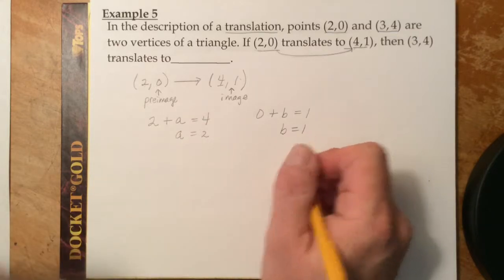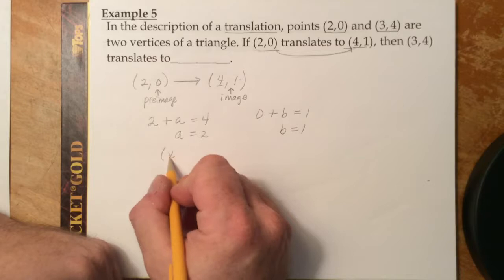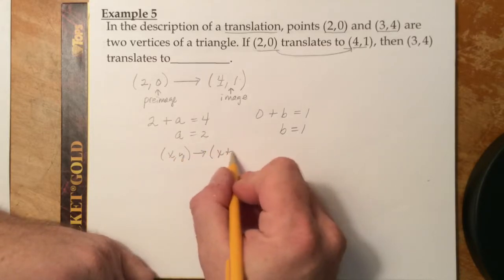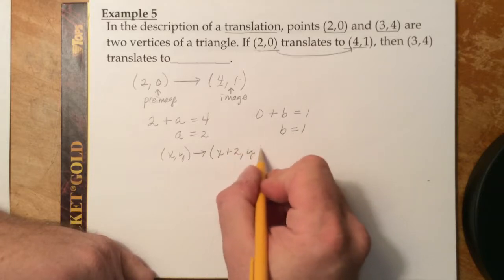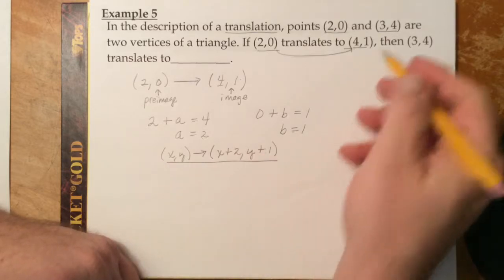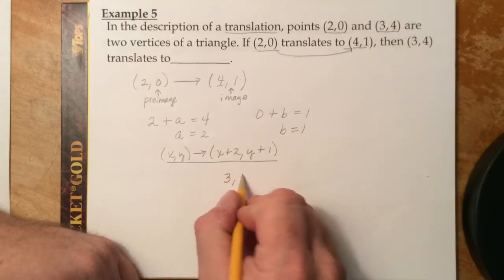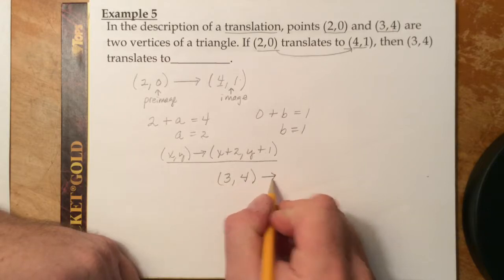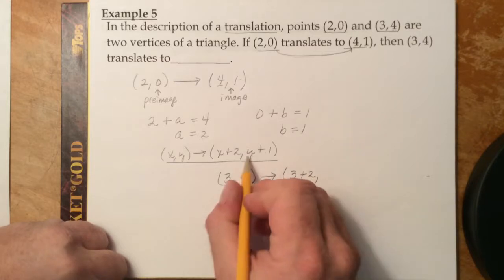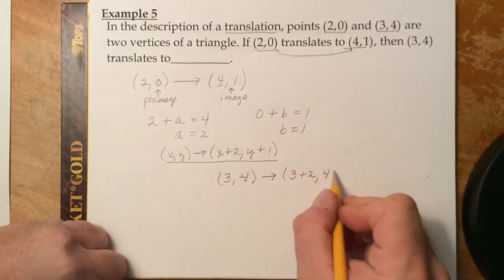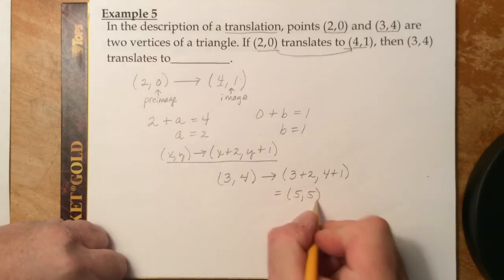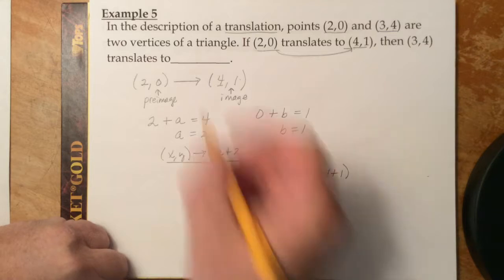And so if we use the new rule that was created by this, which would be (x plus 2, y plus 1), and apply this to our second point, (3, 4), we take 3 and add 2 to it, and then we take 4 and add 1 to it. And so our new point is at (5, 5). So (5, 5) would go right here.